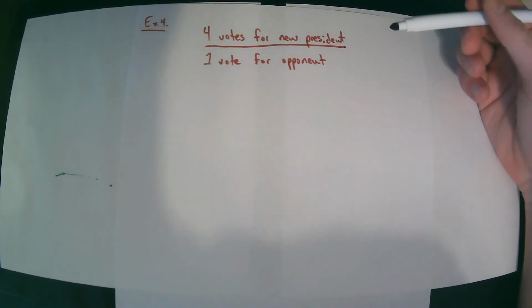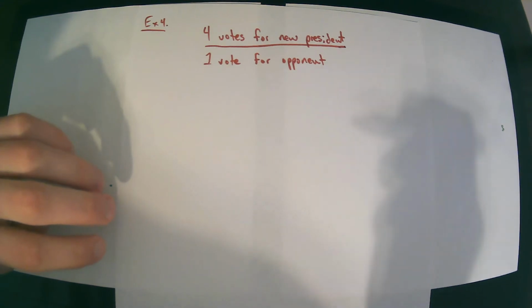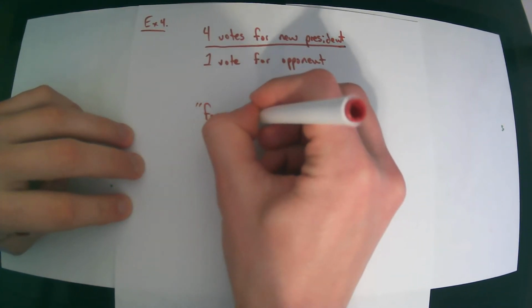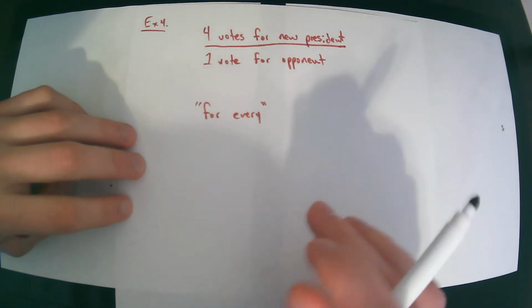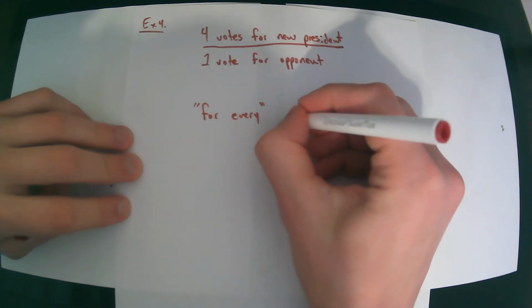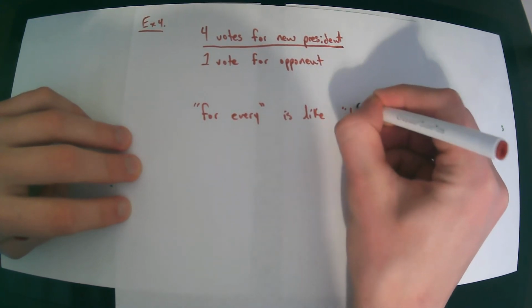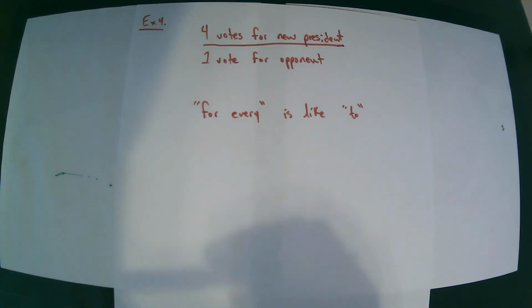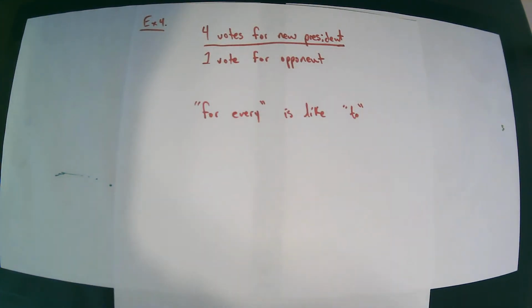I had to make some observations here. The statement for every is like the word to in the setup of a ratio. It's just another way of saying that. So 4 votes for the new president for every 1 vote for the opponent.